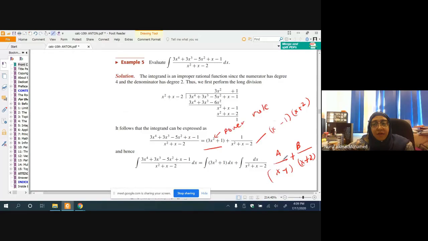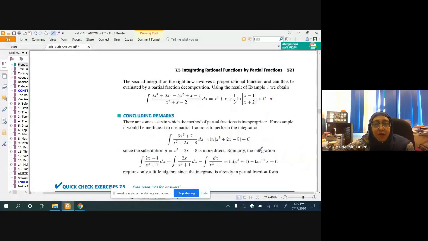So after it reaches here, obviously you can find the values for A and B. And the final answer will be this one.